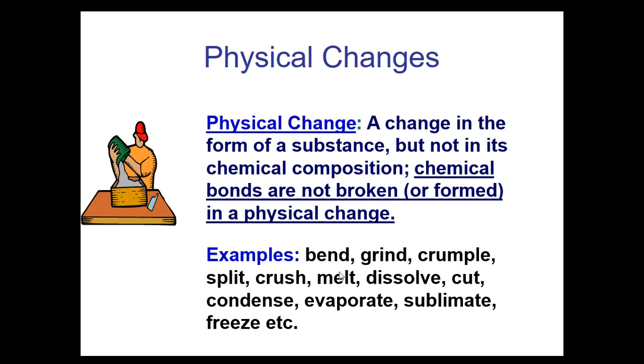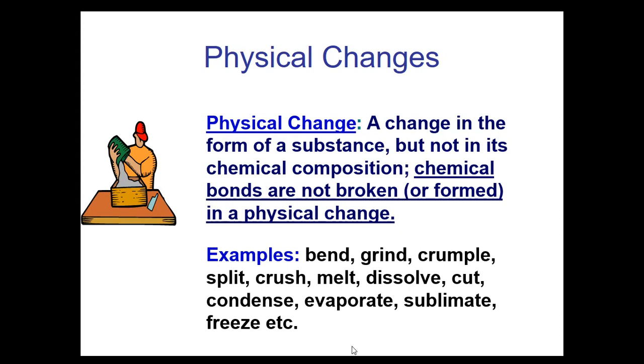When we bend something, grind it, or crumple it, all these different words describe physical changes. Any change in state of matter, going from a solid to a liquid, from a liquid to a gas, and so on, would be a physical change because we're not changing what we have.